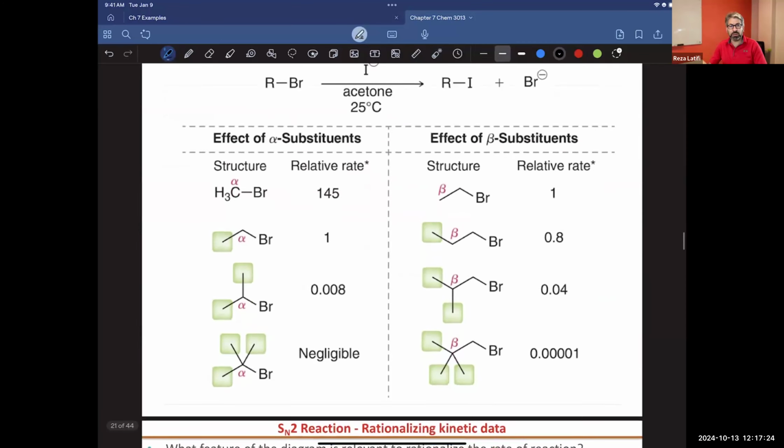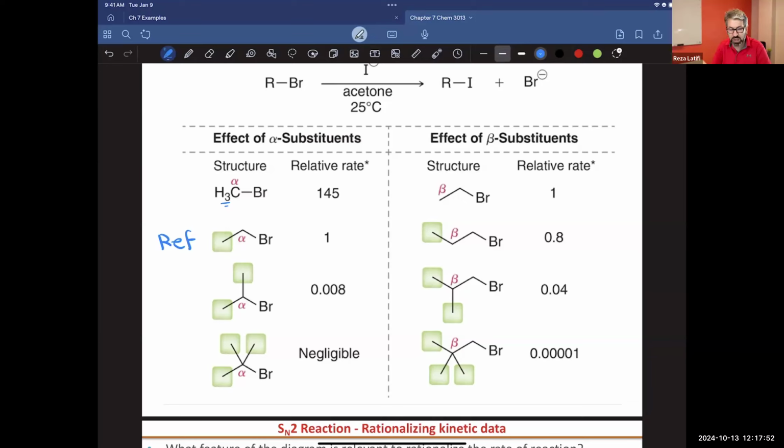Here I put some data to compare the steric effect on the alpha versus the beta carbon. If you treat this one as a reference, when you change one of these hydrogens to a methyl, you see the reaction will drop by 140 times. It will be 140 times slower.